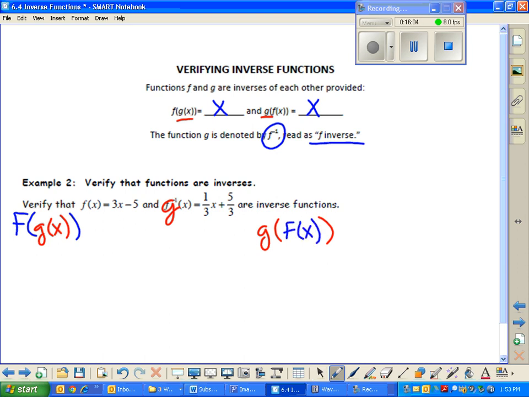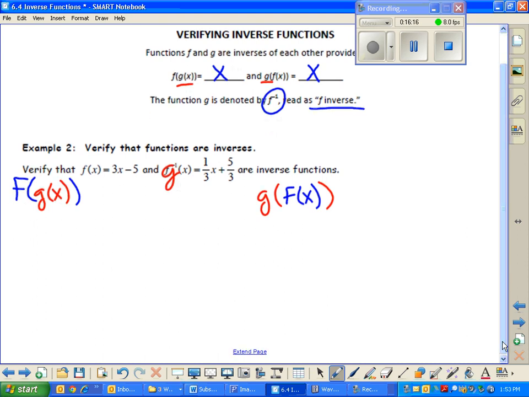What's nice about these problems is that the answer is already determined for you. I have to get x both times, or else these two things aren't inverses of each other. So I always work from the inside out. I'm going to replace g of x with what it's equal to. G of x in this problem is 1/3 x plus 5/3.